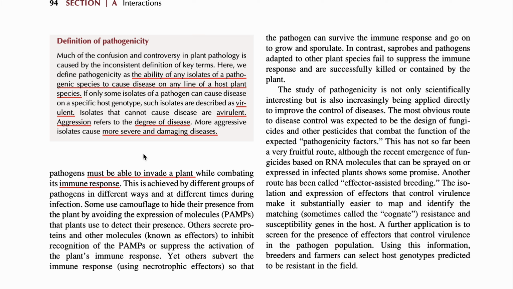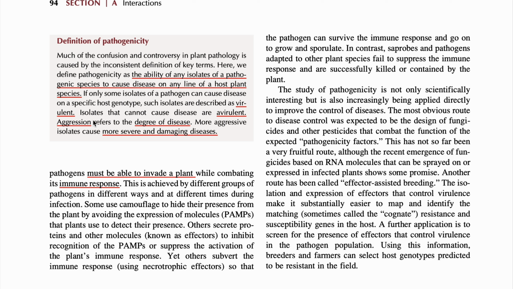For example, two friends are fighting, so they both have the ability to fight. That means both friends are virulent pathogens. Now, between two friends, one will win and one will lose. The one who wins is more aggressive.